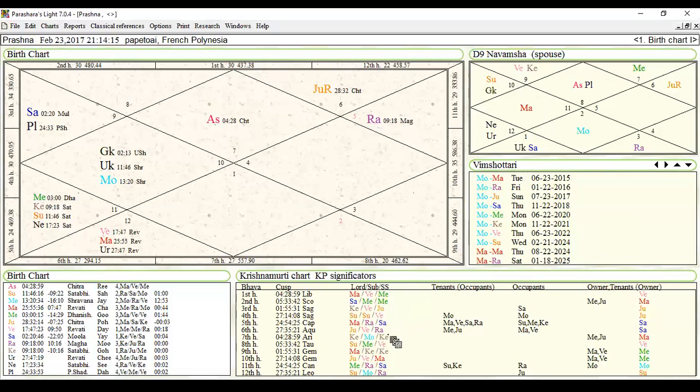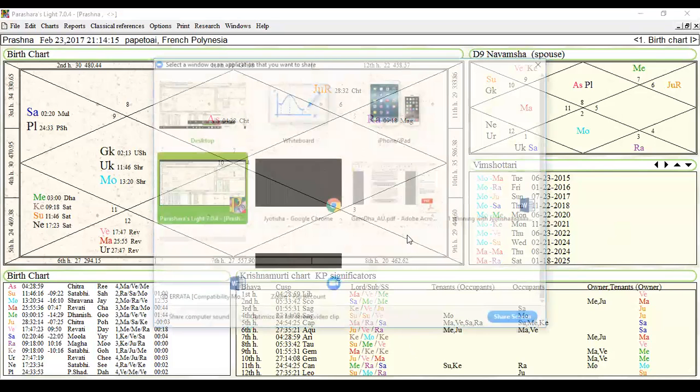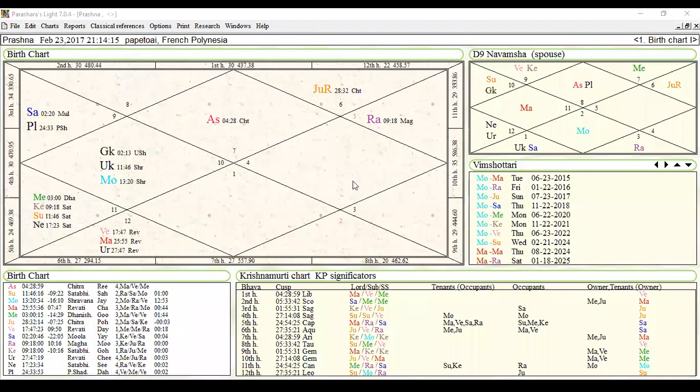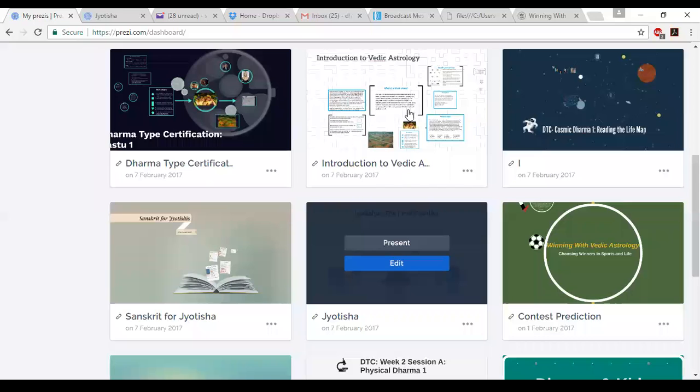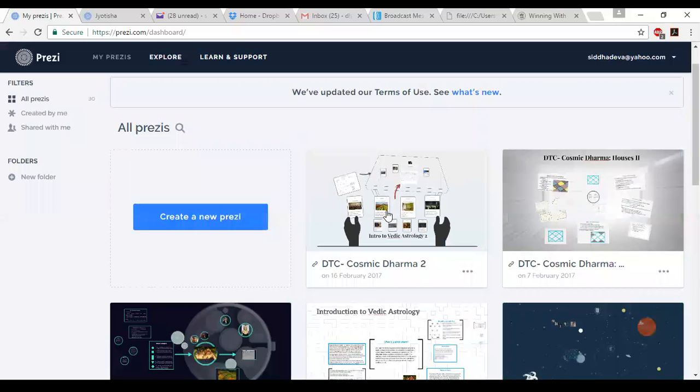And in the last class, we talked about the exaltation and debilitation of the planets. And just to very quickly go back to that, I'm going to show you something here. It's specific.